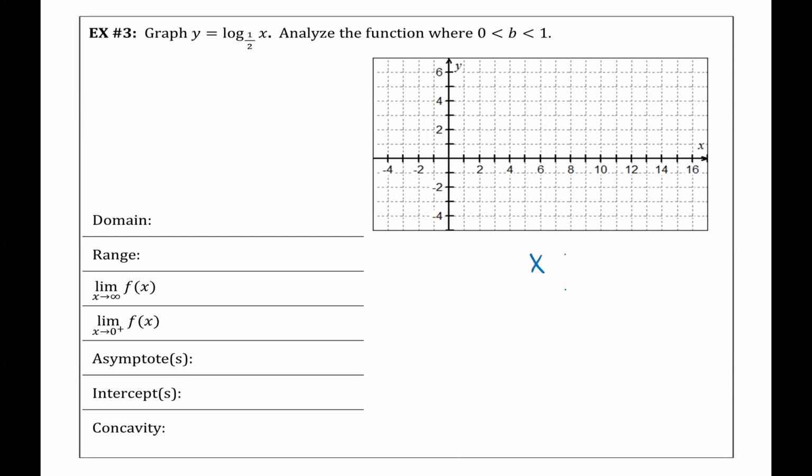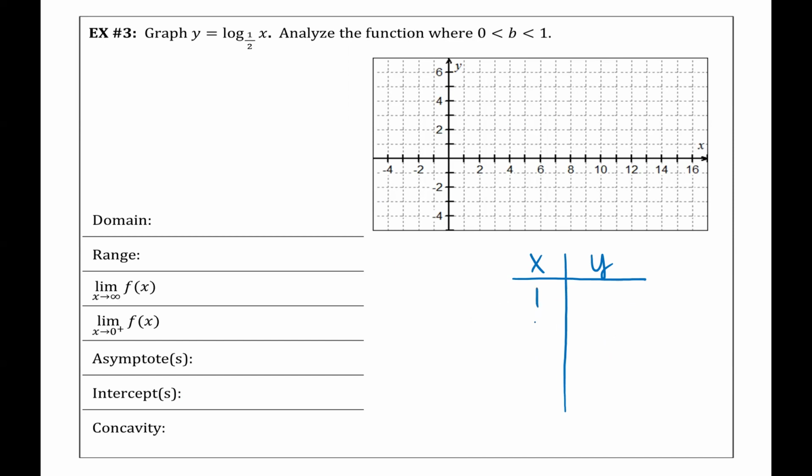So we have x, y. All right. So if we're going backwards, we're asking ourselves, yeah, we're seeing some x values. So our values are still going to be, what was it?